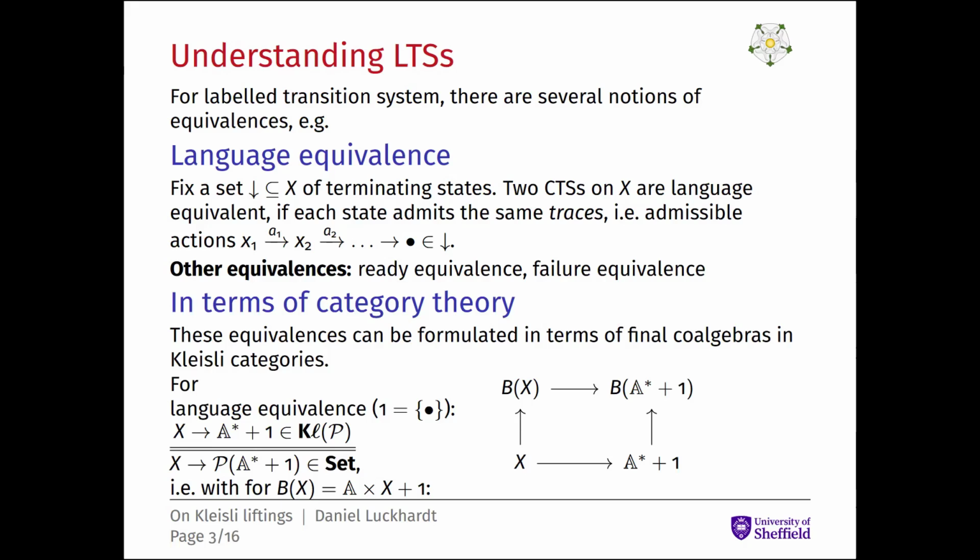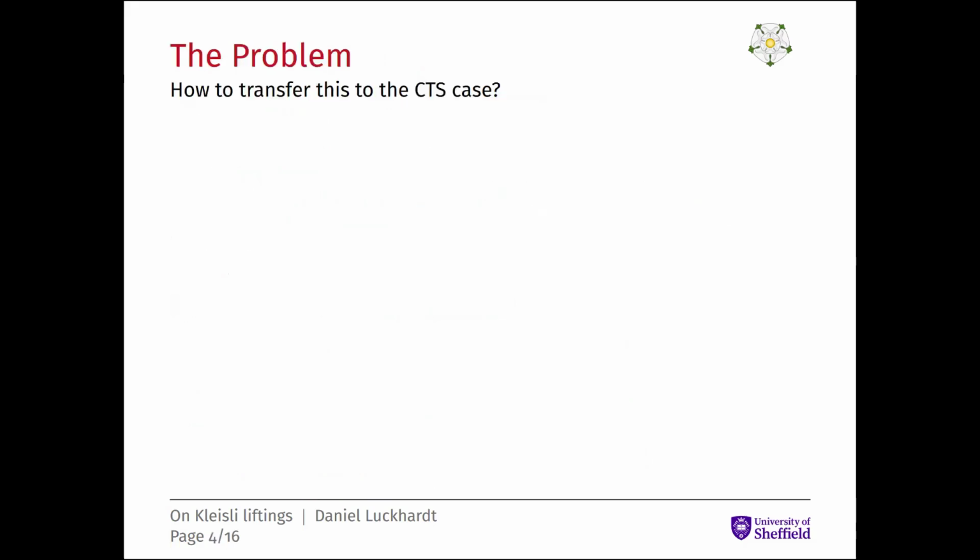So it's a map to the power set, but a nice way to view it is to say it's a morphism in the Kleisli category. So we end up with this coalgebraic map to a final object in the Kleisli category. And that's actually the nice way to view this from a coalgebraic point of view.